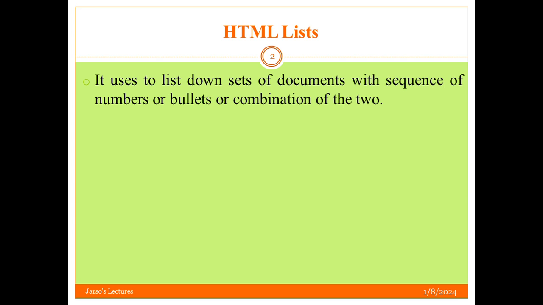Let us start. HTML lists. A list is actually what you know from your background knowledge. It is a list of something, a list of elements of something.